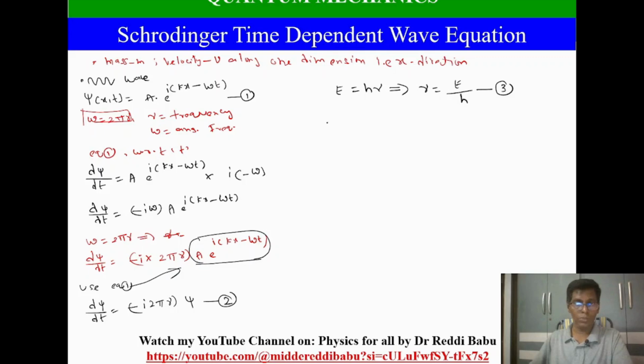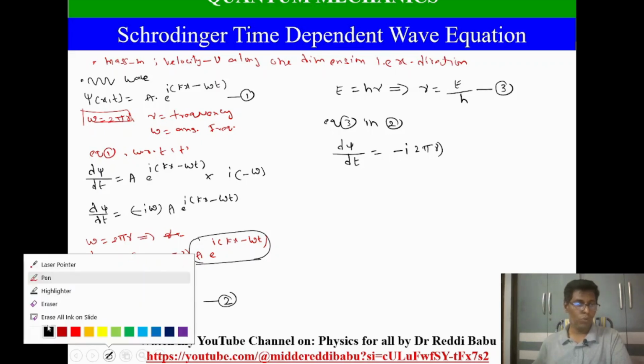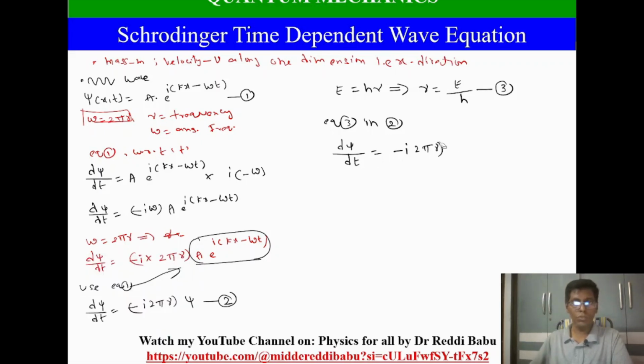Now substitute the third equation in the second equation. The second equation is d psi by dt is equal to minus i into 2 pi nu, and in the place of nu we substitute E divided by h.